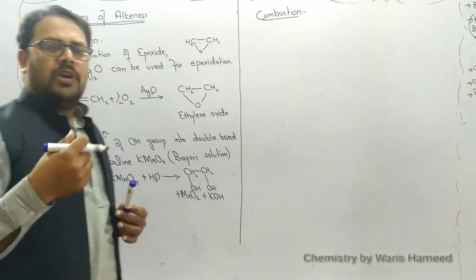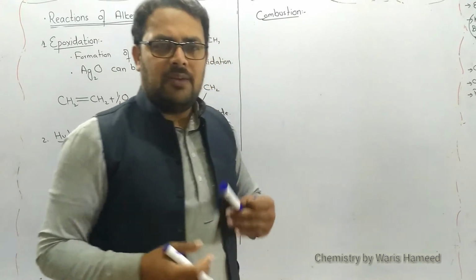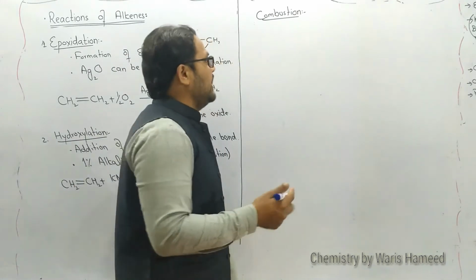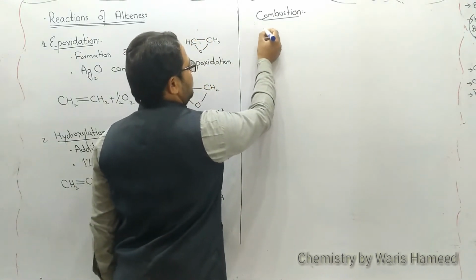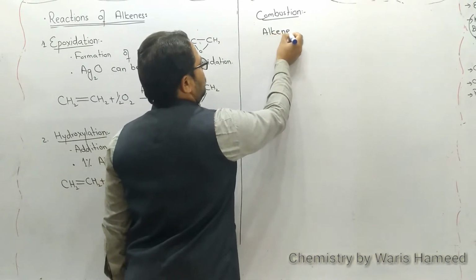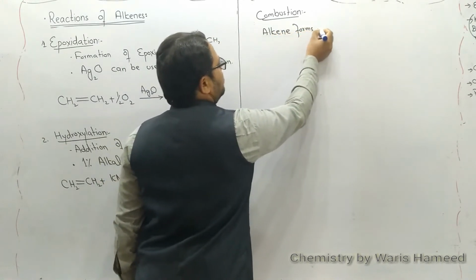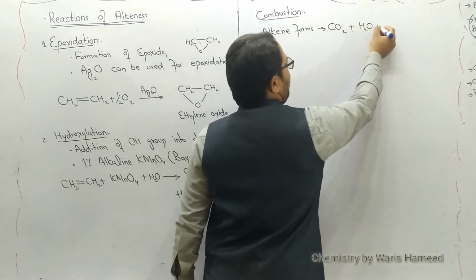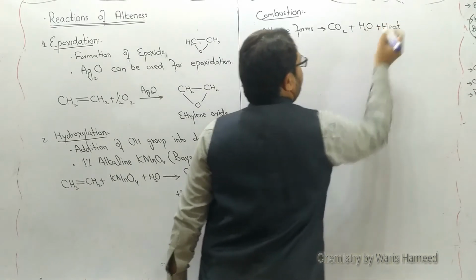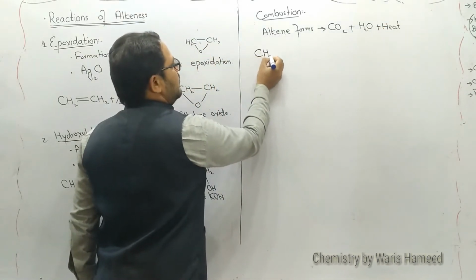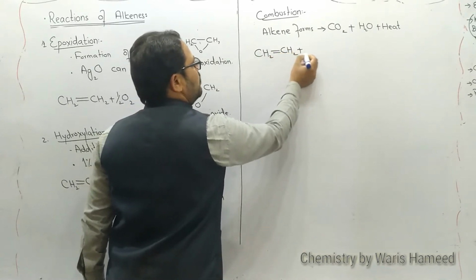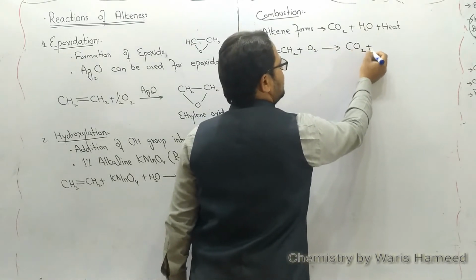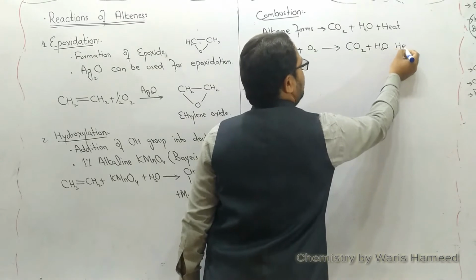In this case, we are going to burn alkene, and when alkene burns, it forms carbon dioxide, water, and a large amount of heat. Here is ethene, and we are going to burn it in the presence of oxygen. It will convert into carbon dioxide, water, and heat.